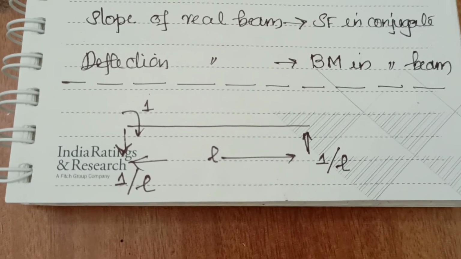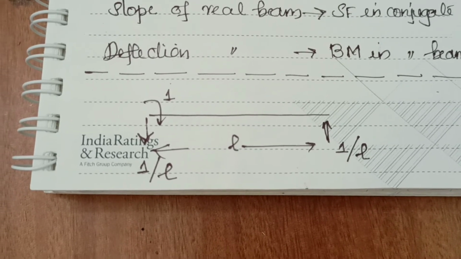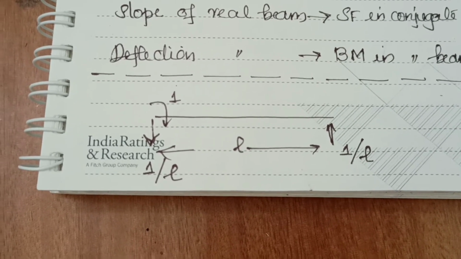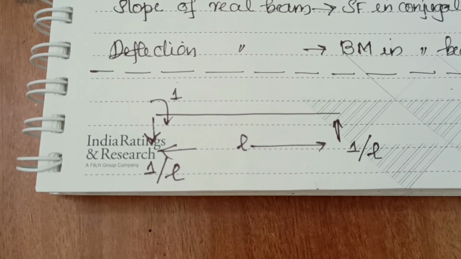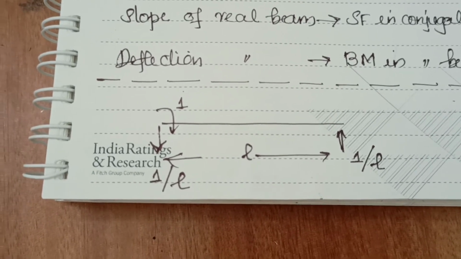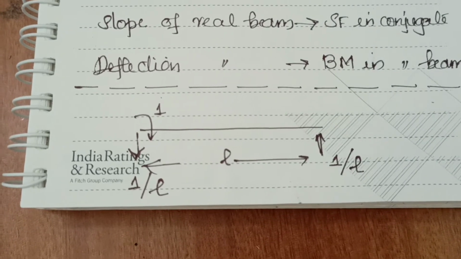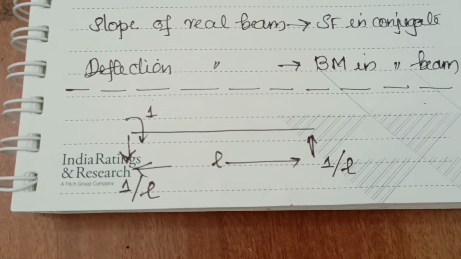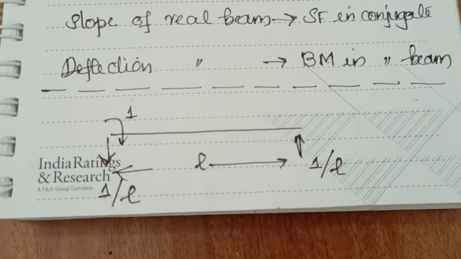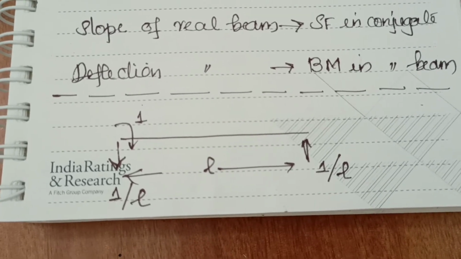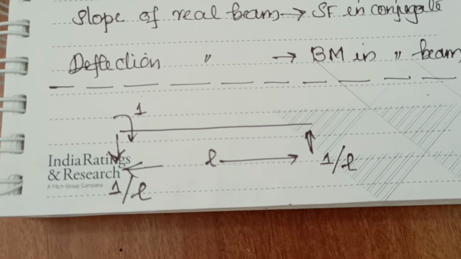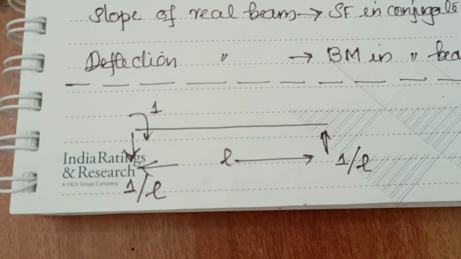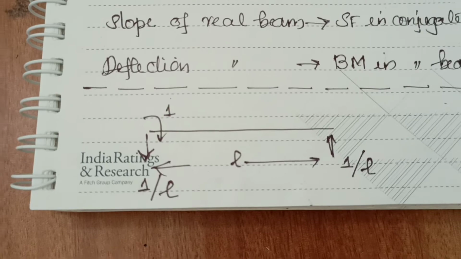Hence, the reactions at the supports will be moment by span length, which is 1 by L. Since the applied moment is in clockwise direction, the reaction will be in anti-clockwise direction. Hence, at first point, the reaction 1 by L will be downwards, and at the second point, the reaction 1 by L will be upwards.